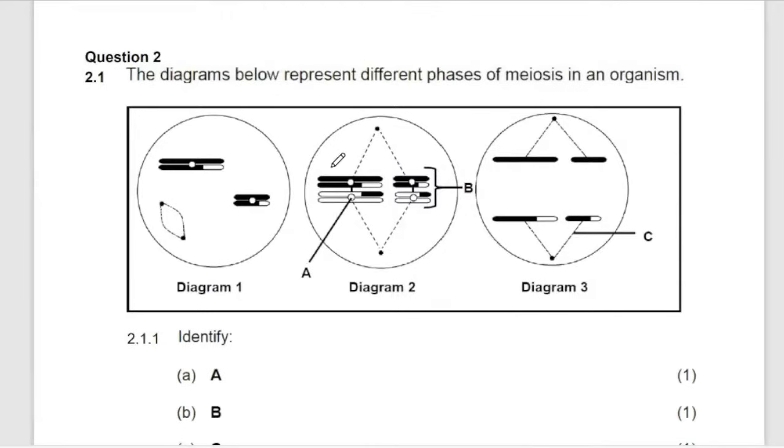But guys, something is itching me. And that itch makes people lose marks in meiosis. Number 1, identify the phase in diagram 1, diagram 2, diagram 3. Guys, whenever they ask you about the phase, please turn your paper if the centrioles are not on the sides.